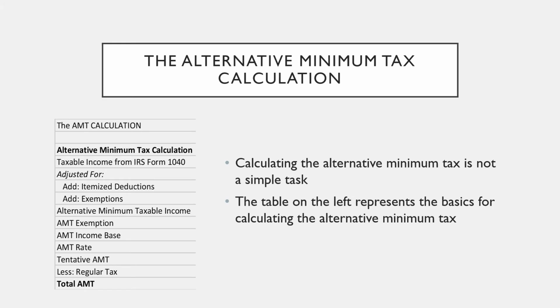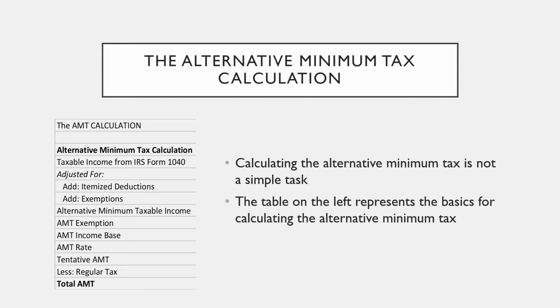The table on the left represents the basics for calculating the alternative minimum tax. The process begins with the taxpayer's income amount from the IRS Form 1040. Next, the taxpayer's itemized deductions and exemptions are added back to taxable income because only a select few deductions are allowable under the alternative minimum tax.